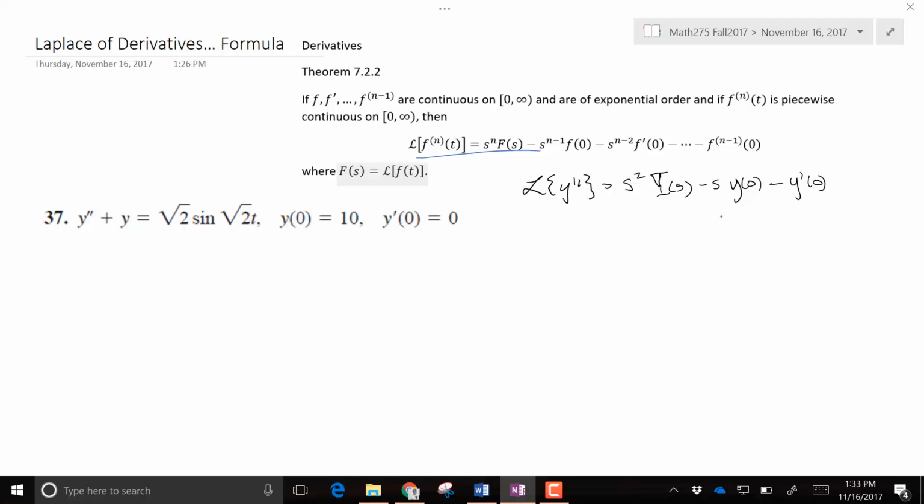Do you guys see how that happened? So when n is equal to 2, the highest power here is s squared. And then the highest power, s, is going to be attached to the unknown function y that we're solving for. And then what comes after that are s with less derivatives times the little y evaluated at 0.